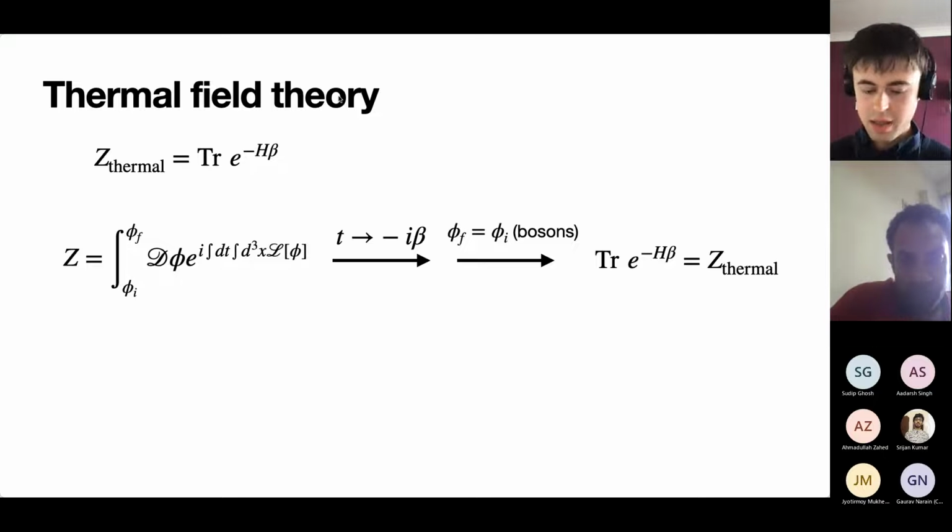Next, if we impose periodic boundary conditions for the bosonic fields, then this acts as the trace, and the final expression will look like the thermal partition function.